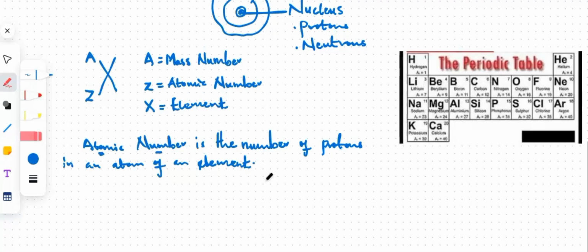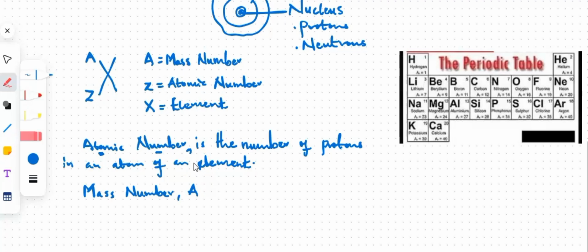Then the next is what? Mass number. So we see mass number A. This one is Z. So let's continue.